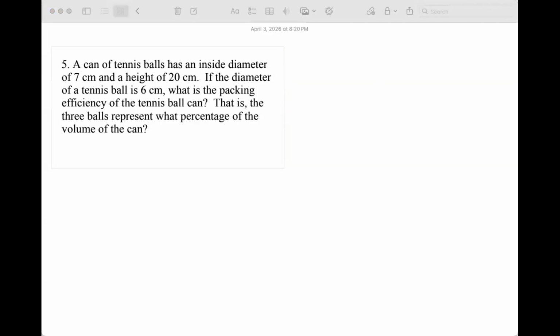It is just that there are 3 tennis balls inside the can. That is very clear. The 3 balls inside represent what percentage of the volume? Would you be able to tell me? You have to compare volumes. You have to find the volume of the ball and the volume of the can.